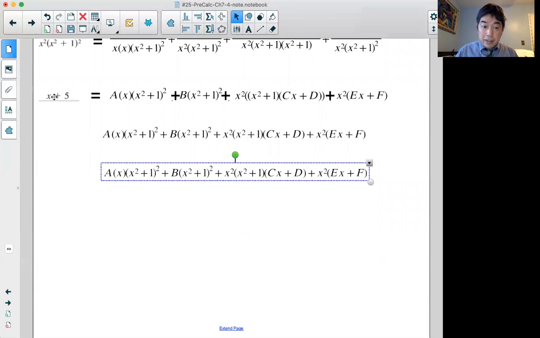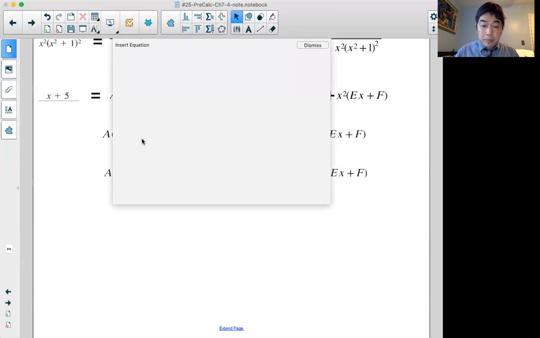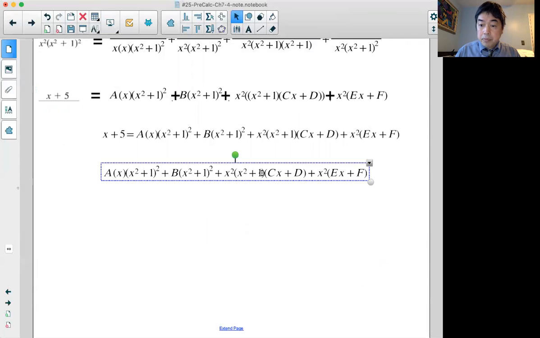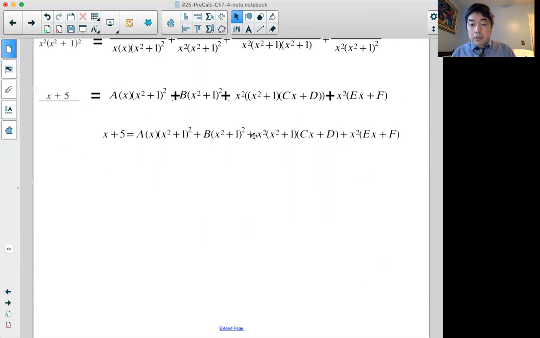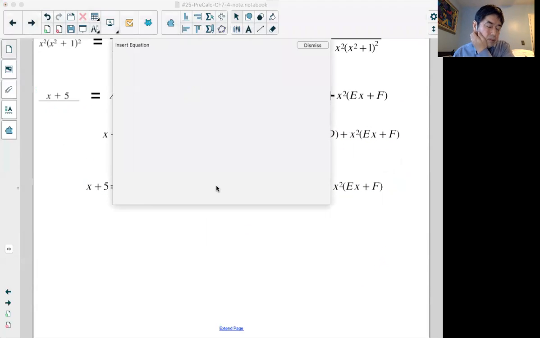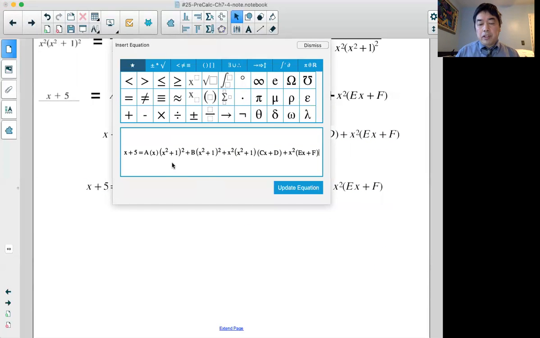This is x plus 5, it carries on here. So write down x plus 5 equal to. Okay. So when I make a copy here, I will start distributing properties.